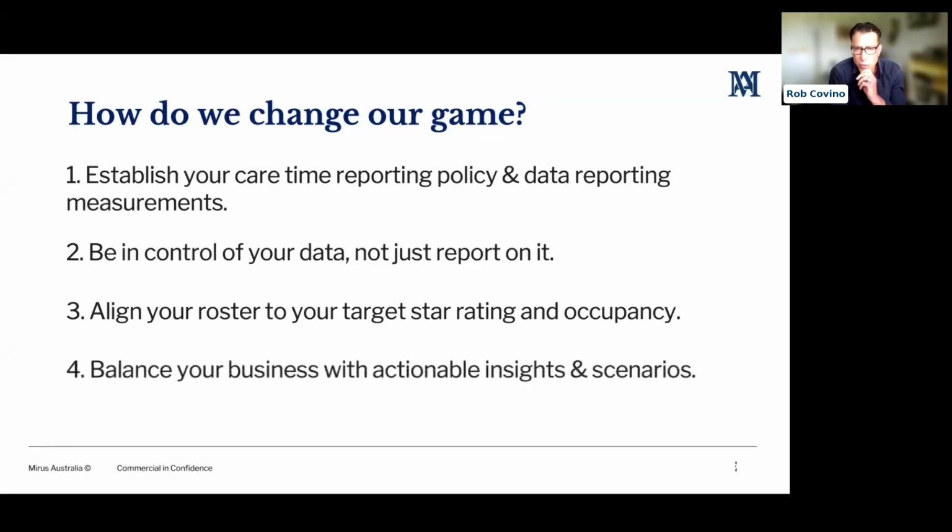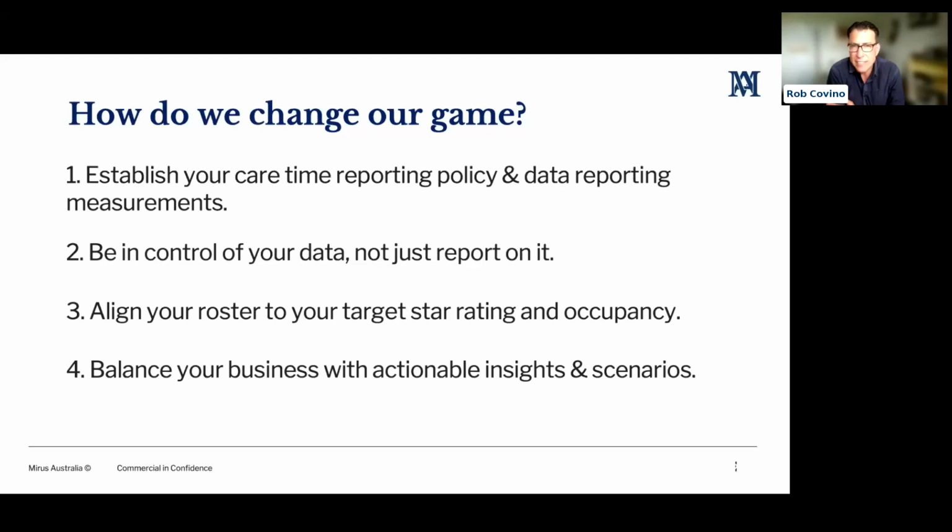We need to make sure those rosters also align with a star rating outcome as well as some occupancy changes, because as you move up in occupancy, and we are seeing an increase across the sector in occupied bed days, we need to keep an eye on that demand template, because as more consumers come into our services, even respite entries, there are fewer minutes to then be shared amongst those residents that are now in situ with us. So again, we can get into an under-reporting period quickly and not even observe it if we have to wait a month before we can actually see that data.